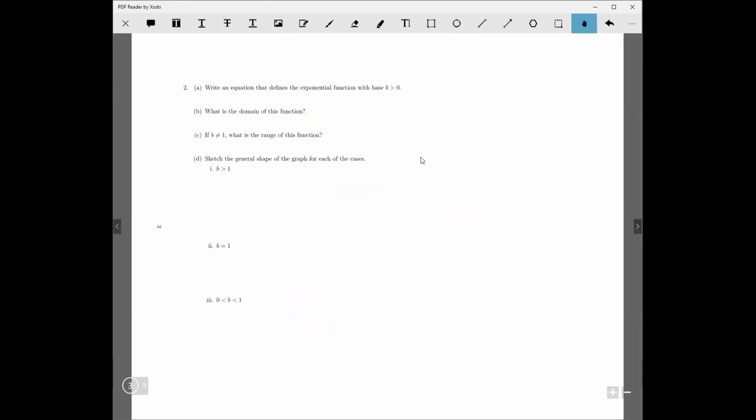Okay, let's go to the next exercise. Write an equation that defines the exponential function with base b, where b is greater than 0. That one's just going to be f of x equals b to the x. So it's an exponential function with base b. Domain is going to be everything.